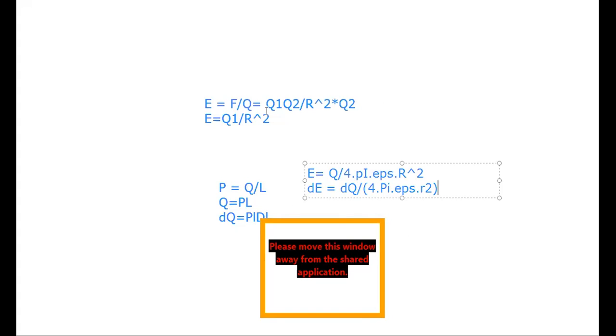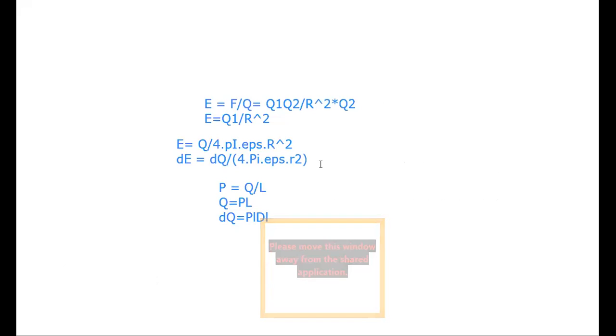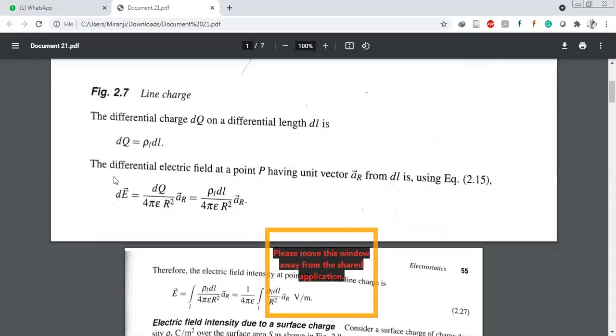This same concept is applied for all charge densities. See here, the differential electric field at point P, having a unit vector along r direction from the differential length dl of that line, is given by dE equal to dq by 4 pi epsilon r square along r direction.